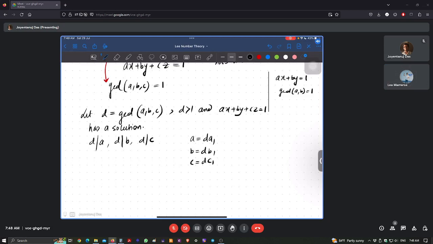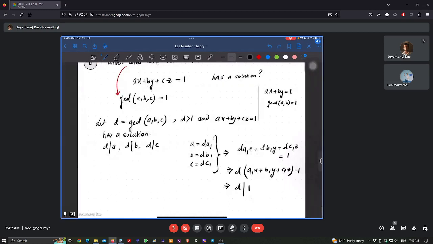Now if I put this back into the equation, I have d a1 x plus d b1 y plus d c1 z equals 1. If I take d common, this implies that d divides 1. But that is a contradiction, because I have assumed that d is greater than 1.